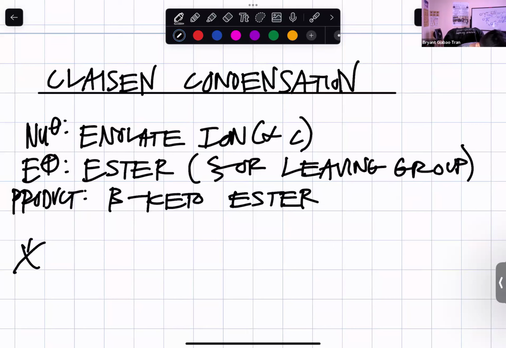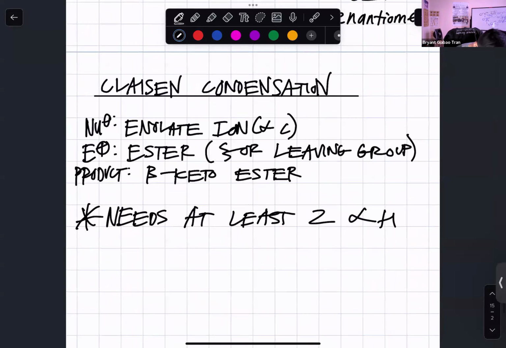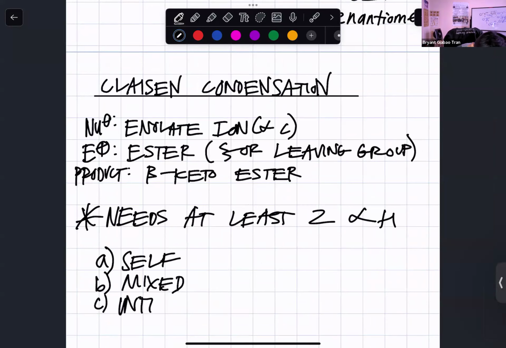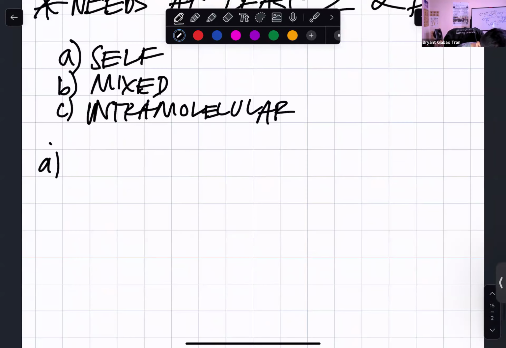And in this reaction, Claisen condensation needs at least 2 alpha hydrogens. And there's 3 types of Claisen condensation reactions that you could have. You can have self-Claisen, you can have mixed Claisen, or you can have intramolecular Claisen. So I'm going to start with the most simple example, self-Claisen.